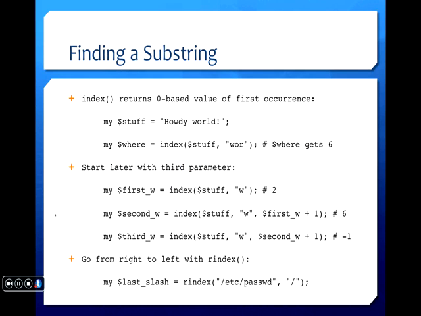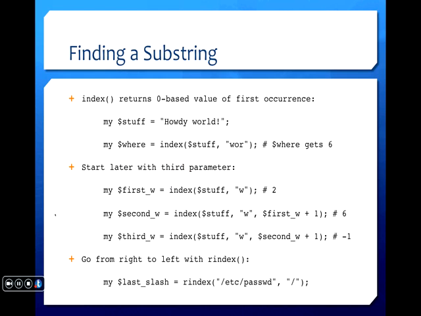Okay, first of all, substrings. How can I find a substring from a whole long string in Perl? There is actually a function named index. What index does is, you give a whole string to index as the first parameter, and the second parameter is the short string.